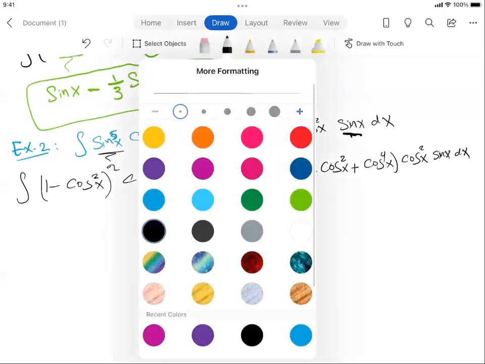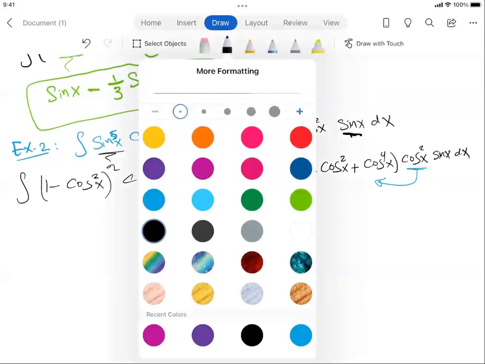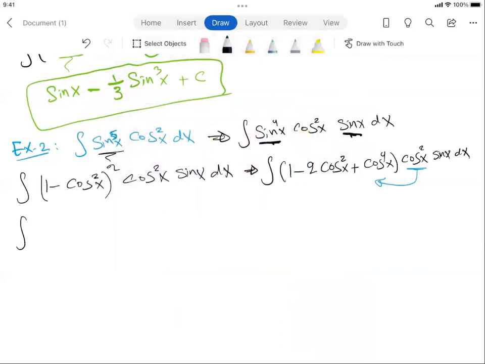Okay, now I would distribute the cosine square term. Then the integral becomes cosine square x minus 2 cosine to the power 4 of x plus cosine to the power 6 of x, and still outside I have sine of x dx.